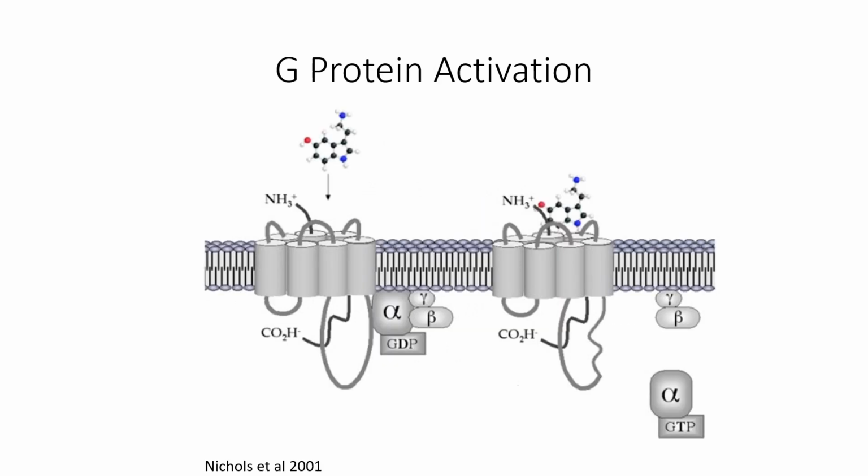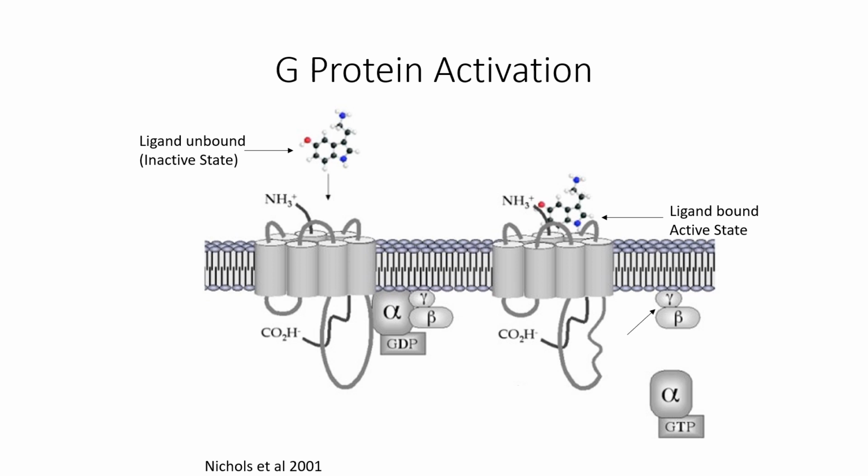In this slide, let's look at how a drug like LSD might bind to a G-protein coupled receptor and activate it. The picture on the left shows the ligand unbound to the receptor in its inactive state, which we just talked about. In the active state of the receptor, notice how the ligand is now bound. Let's look at the differences between the unbound state and the bound state in the G-protein. Notice how the G-protein has dissociated from the receptor.